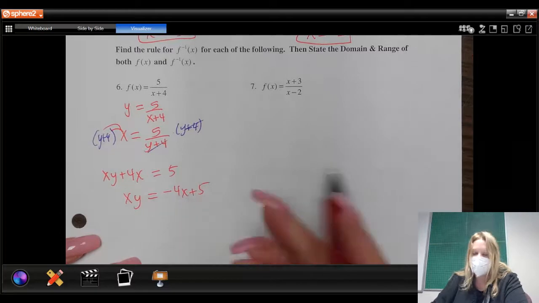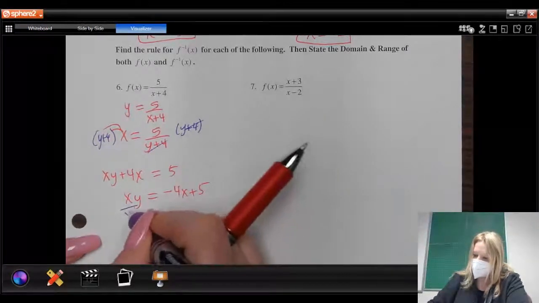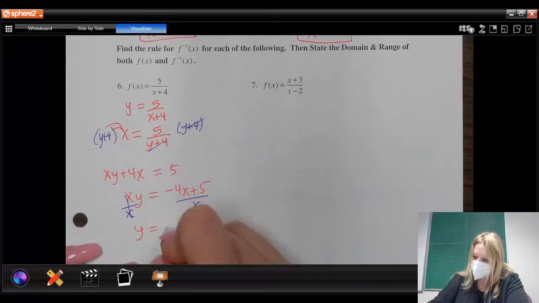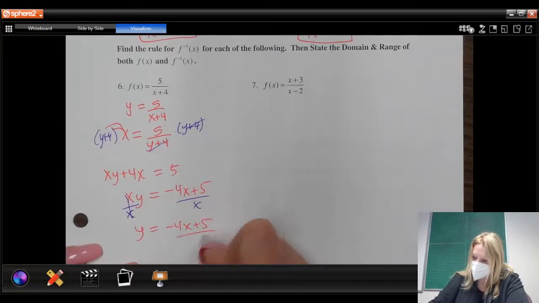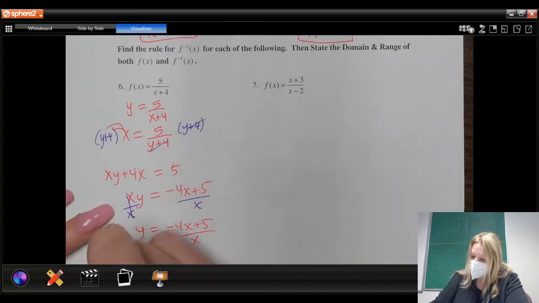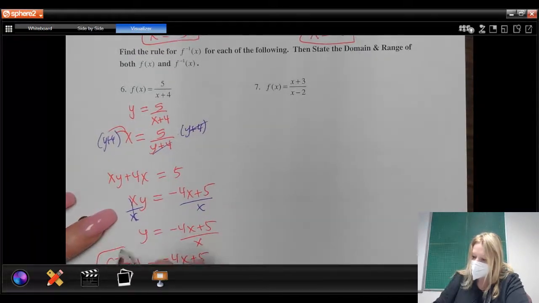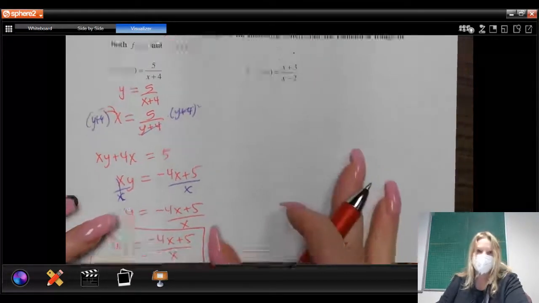Move this over. And then we are going to divide by x. And we're going to rewrite it f to the -1 of x.